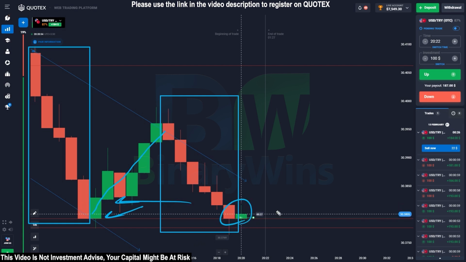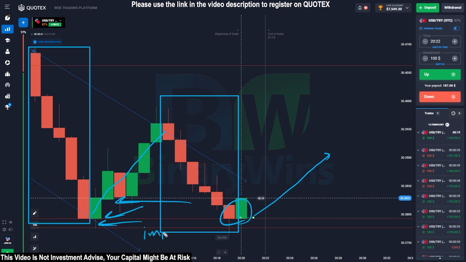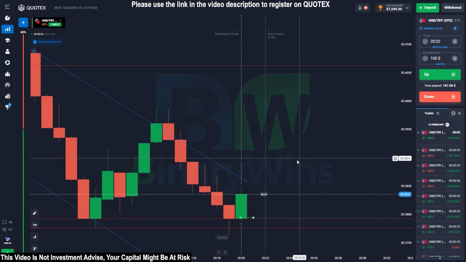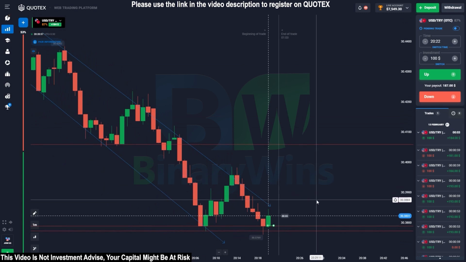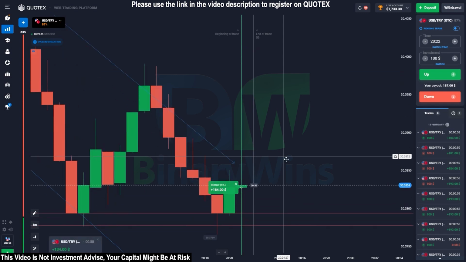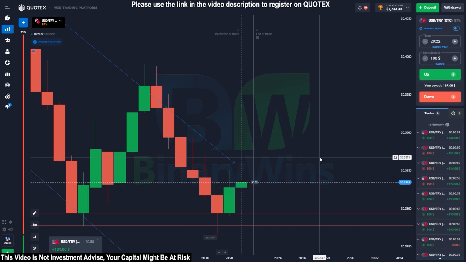Considering there is a possibility of imitating the past behavior of the candles, there is a possibility of correcting the trend upwards. You see, we have an important level here. For these reasons, I entered the higher trade. Great.